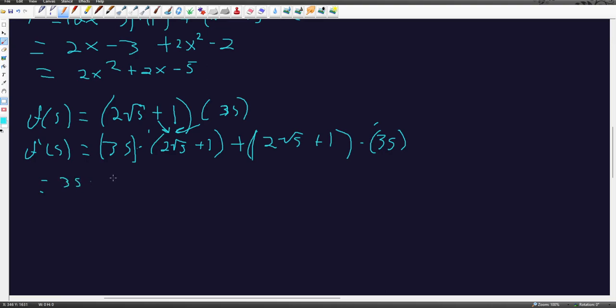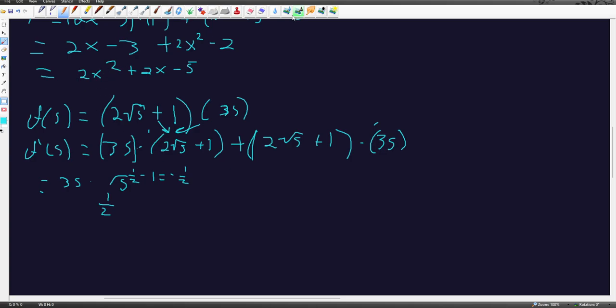3s times the square root of s is basically the same thing as this. You do the product rule. First, we move the 1/2. It's going to be 1 over 2, and it's going to be equal to negative 1/2.